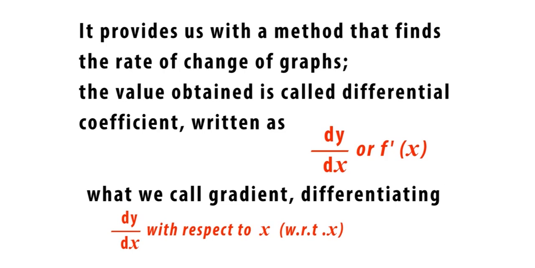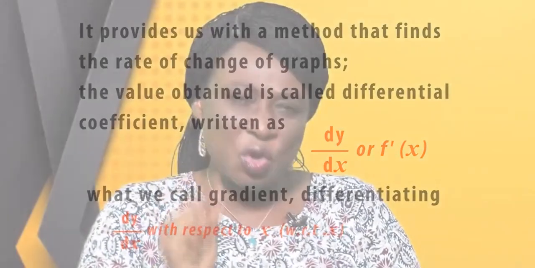Differentiating y with respect to x gives dy/dx. And what you see in the brackets, WRT, only means with respect to. I want you to note that a derivative is basically the slope of a curve at a single point.